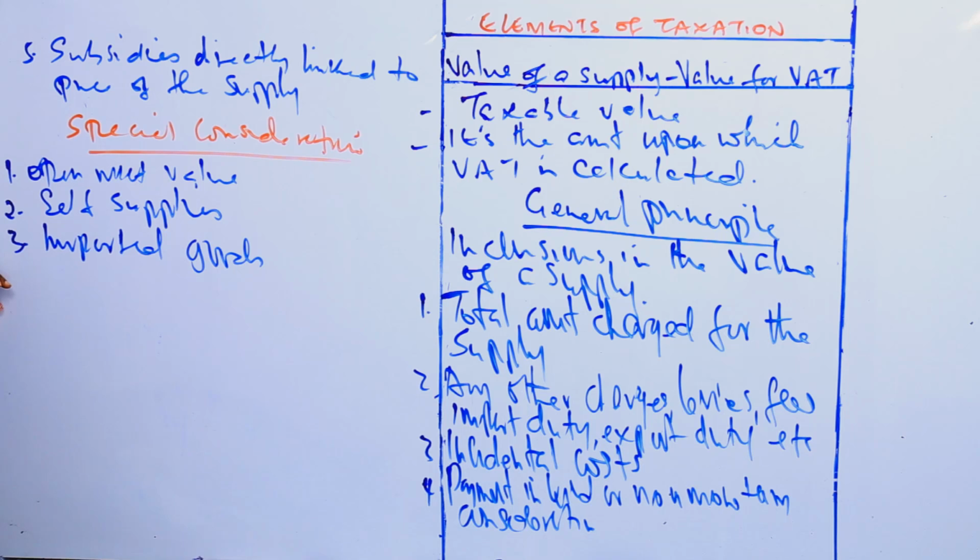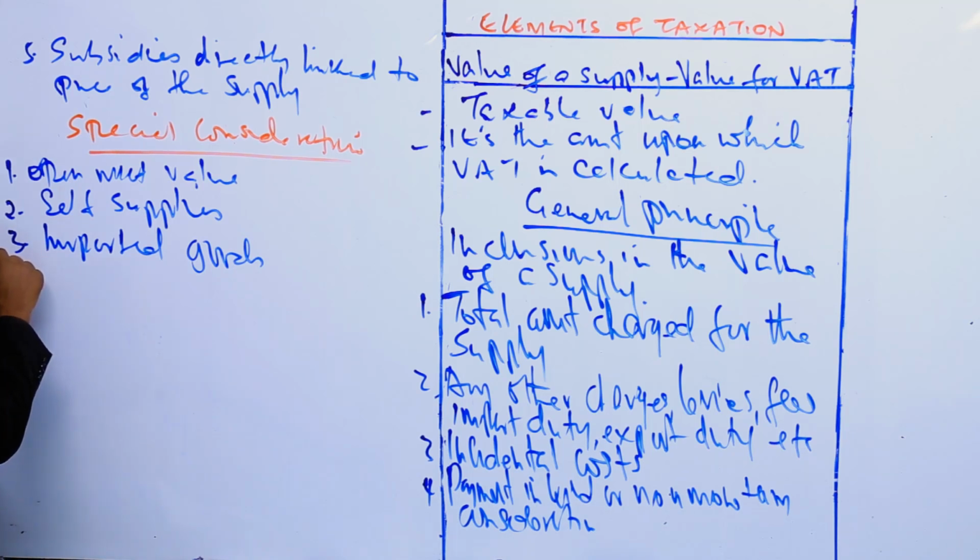It may also include the freight and insurance costs which are incurred to bring the goods into Kenya, and any incidental or auxiliary services associated with the importation. So if you have to calculate the value of a supply of imported goods, then you have to include the customs duties, the excise duties, and other levies paid on the importation, including freight and insurance costs.